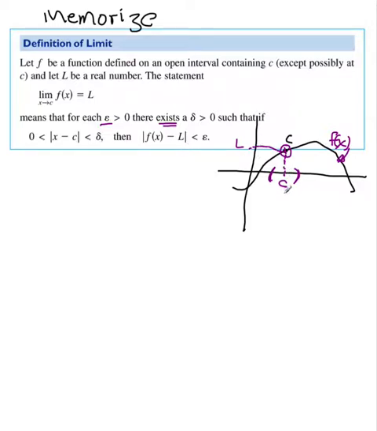And delta is just this distance right here from c, and we're approaching in the x direction, so that if I get x minus c to be less than this delta, then I'm going to force f of x to be close to L. And by close, I mean less than some epsilon.